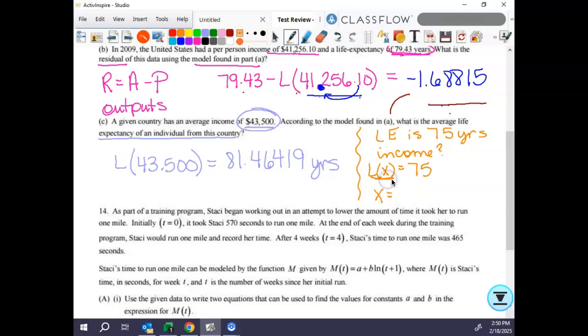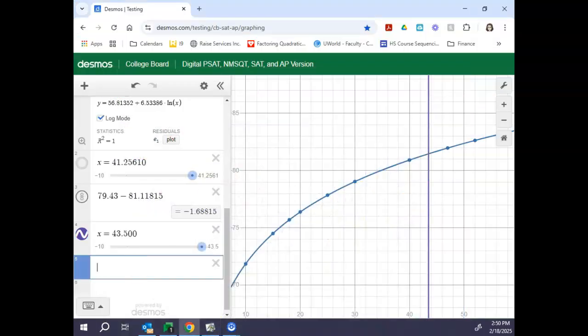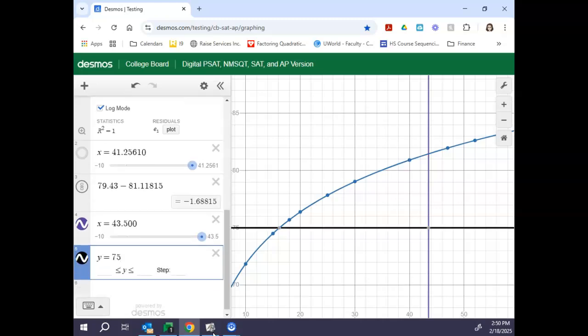This essentially is Y. So if I come over here and say then that Y equals 75, that's this right here. So if I have a life expectancy of 75 years, looks like my income would be $16,174.29, right?